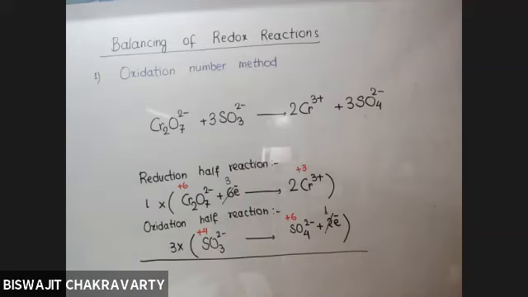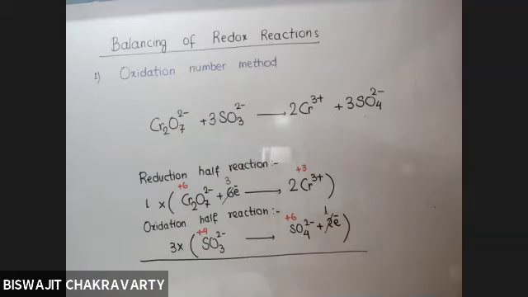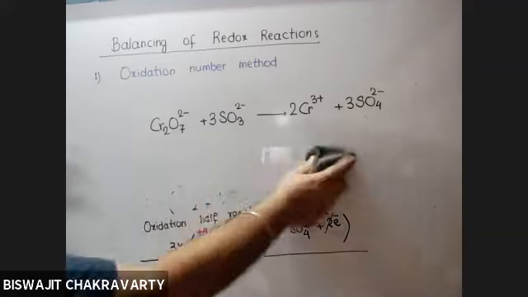Now, the next step, after adding up the two half equations, followed by cross multiplying with the required number of electrons, we will calculate the total charge on the left hand side as well as right hand side. Have you written this? Can I rub it? Yes, sir.